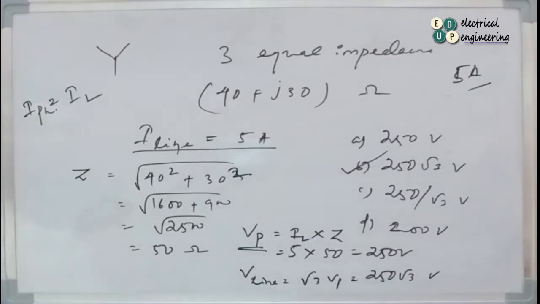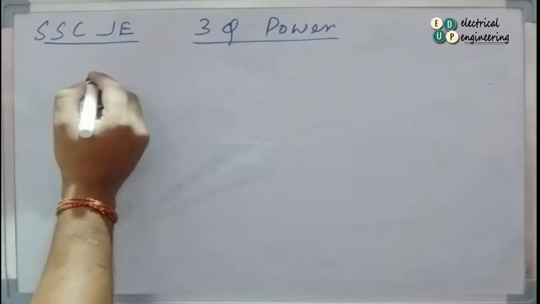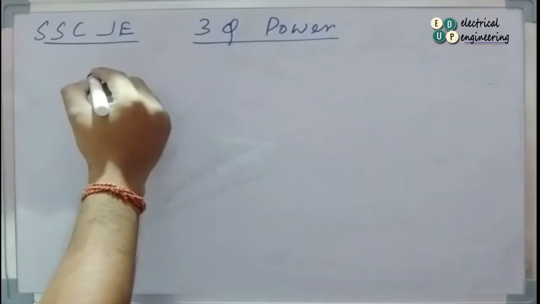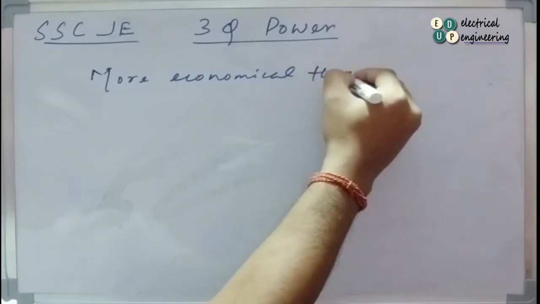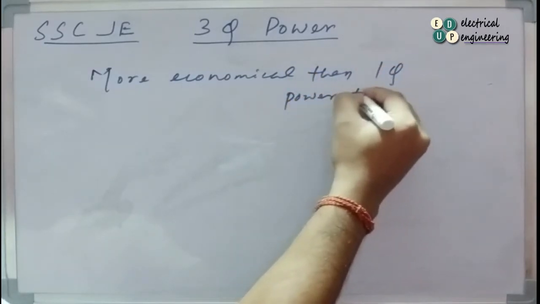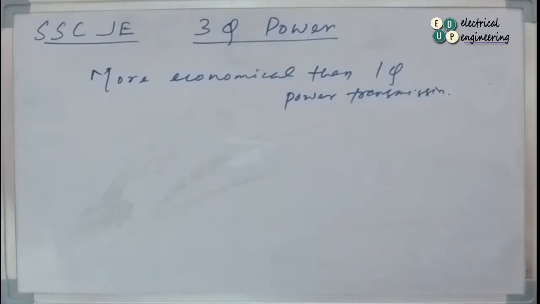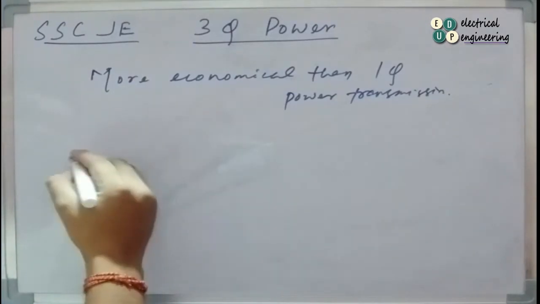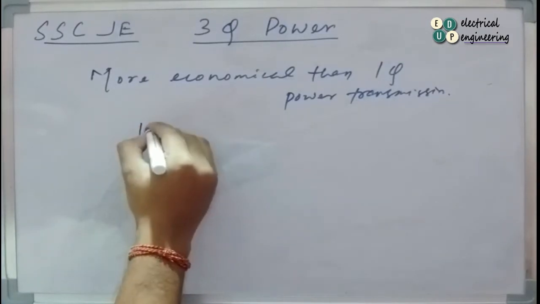So this is it. Let us go to today's topic, three-phase power. We have already known that three-phase power transmission is more economical than single-phase power transmission, and we have already seen the voltage and current waveforms, where each phase has a phase difference of 120 degrees.